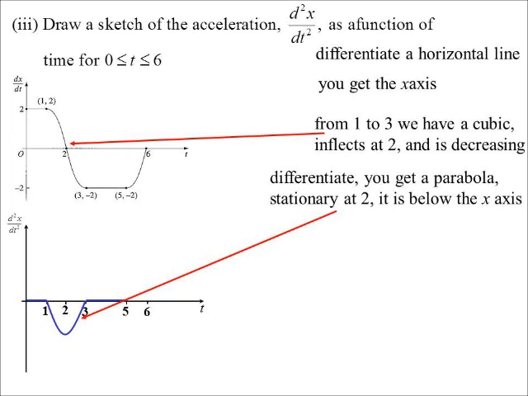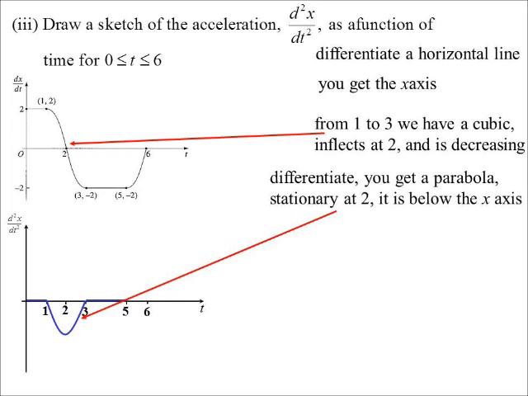What else do we know? From 1 to 3, again, bit of guesswork. I'm assuming that's a cubic. Sort of got that twisting, inflection type of thing. I mean, it's not y equals x cubed, but it's got that sort of inflection. So I'm going to assume that's a cubic. It inflects at 2.